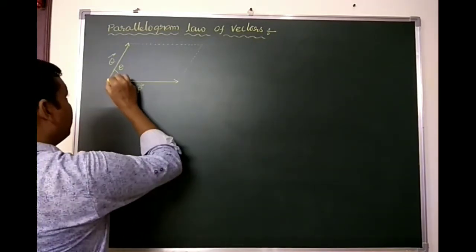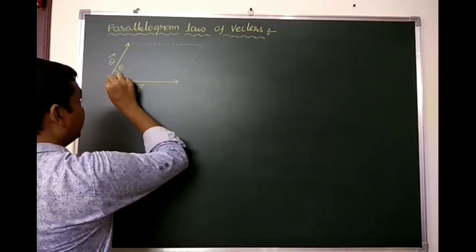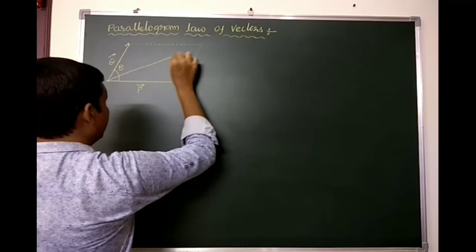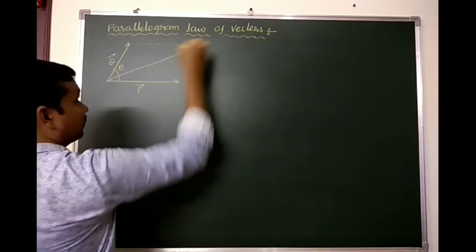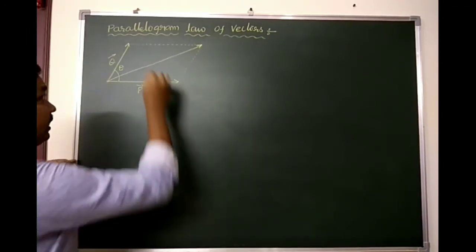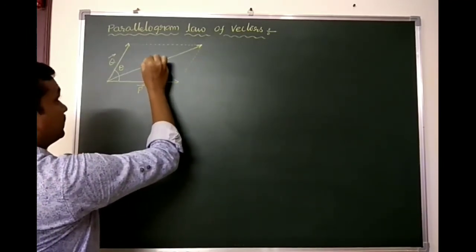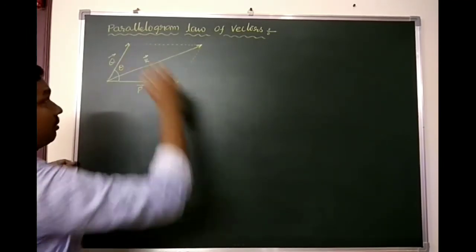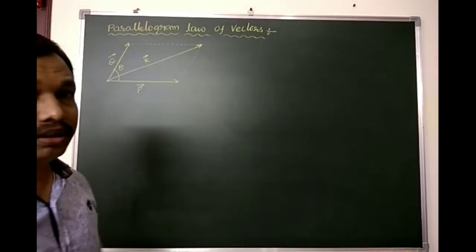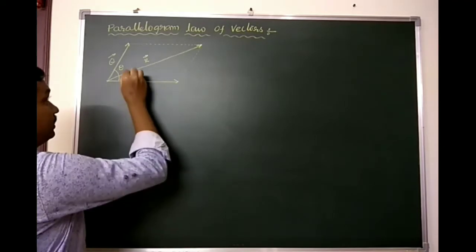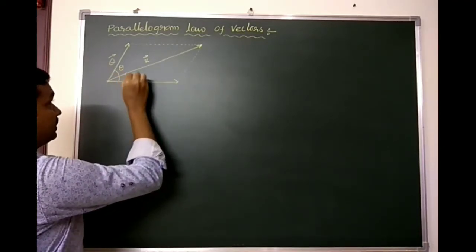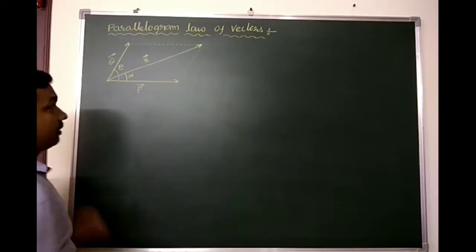The resultant represents both magnitude and direction, starting from the same point. We can represent this as R bar. R bar is the resultant vector, and it makes an angle alpha with this.